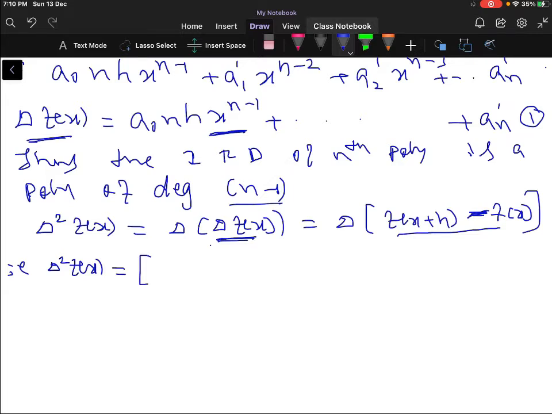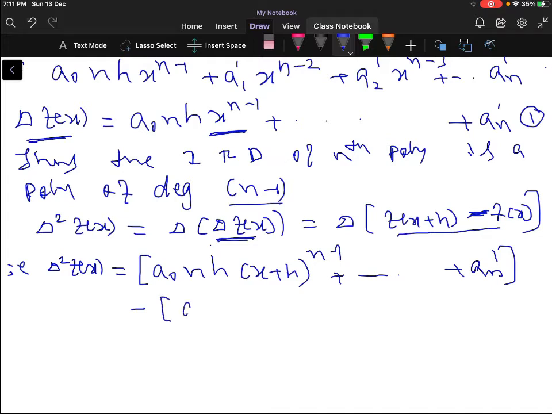It means a naught n h x plus h whole power n minus 1 plus and so on plus n dash, minus of a naught n h into x power n minus 1 plus and so on n dash.